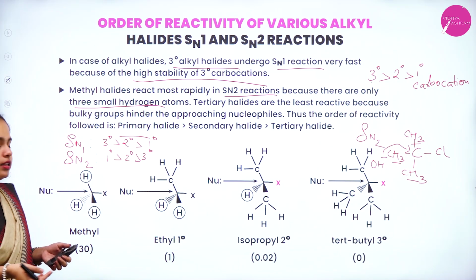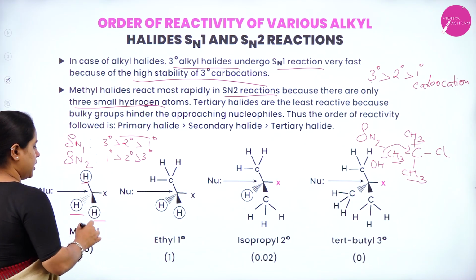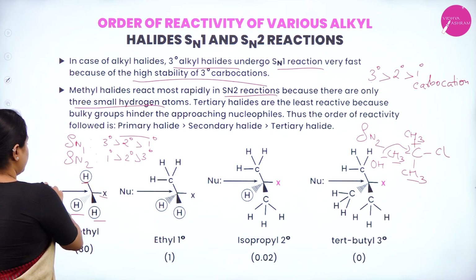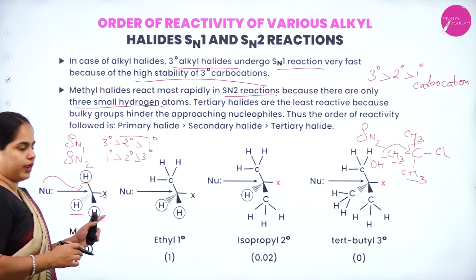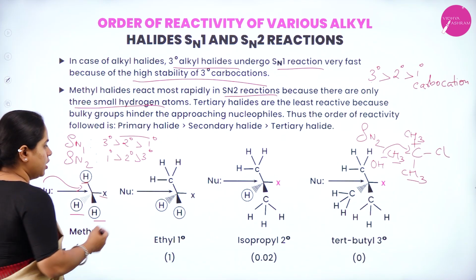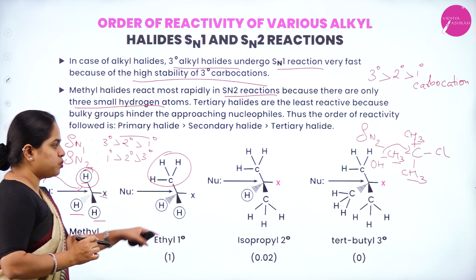So, here we have taken the example of an alkyl halide. As you can see, 3 hydrogen atoms are here and you have your halogen. This is the SN2 mechanism which is shown here. The nucleophile will attack from this side. In this case, it will be easier because all the 3 are hydrogen atoms. Now, instead of this hydrogen, you have a CH3 group here, so it becomes more difficult.